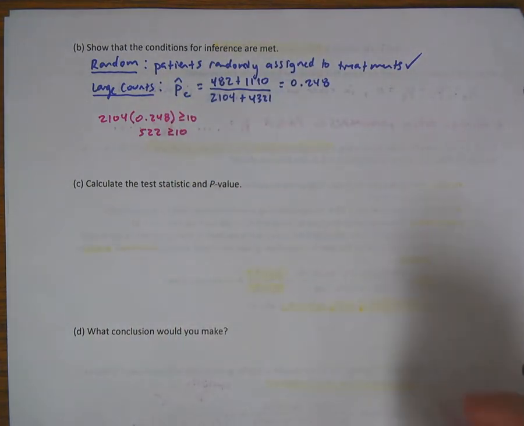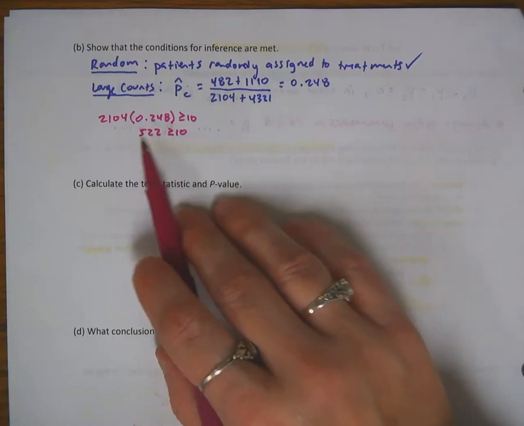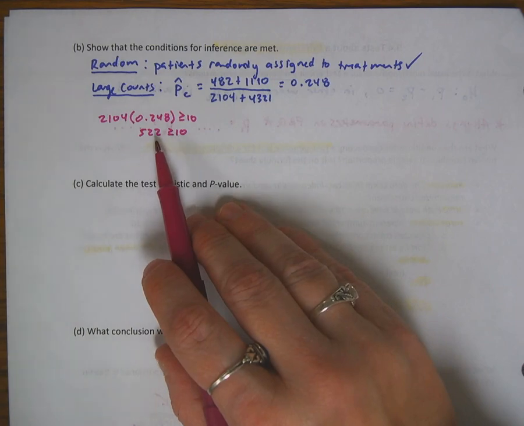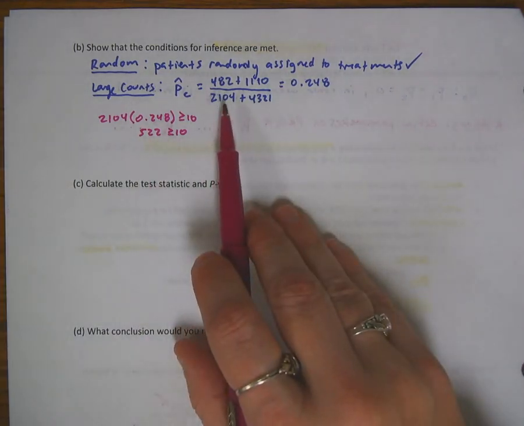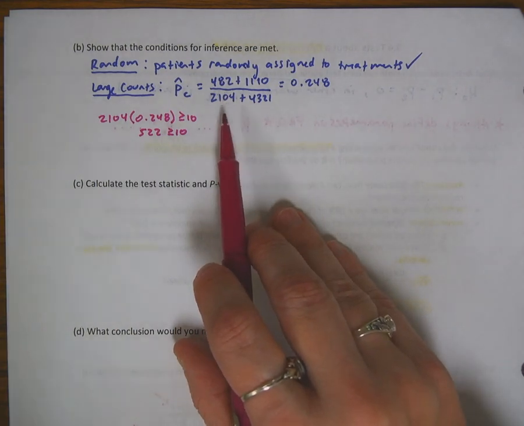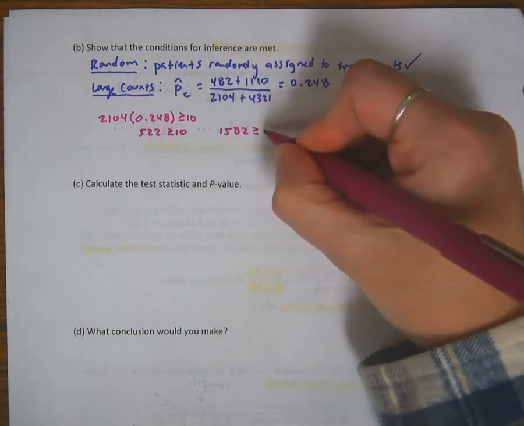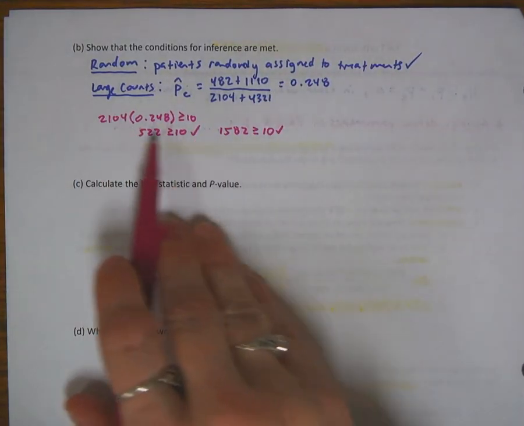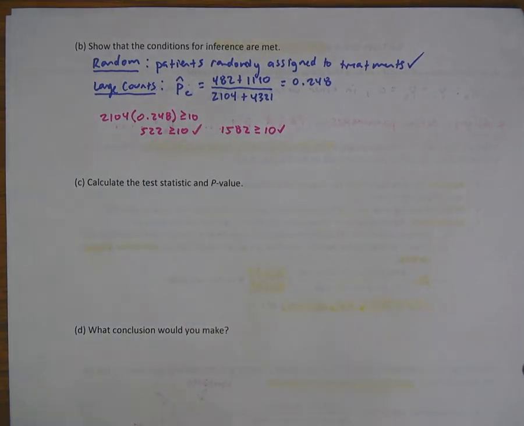And then we can fast track that. If 522 is the expected value, the expected number of successes, which it's kind of morbid to call deaths successes, but if that's the number of deaths out of 2,104, then that would leave 1,582 that didn't die, and that is greater than or equal to 10. All I've done right here is I've checked my population 1 successes, expected successes and failures.